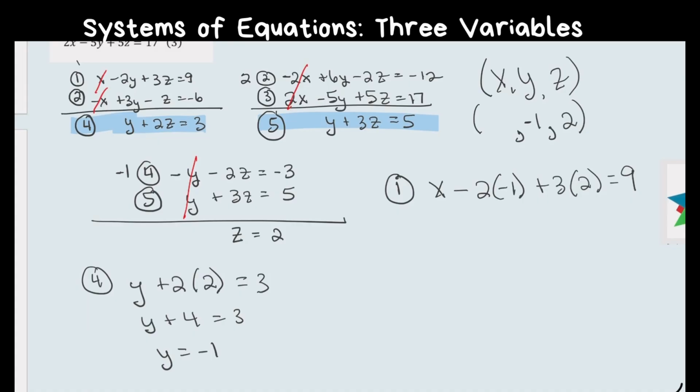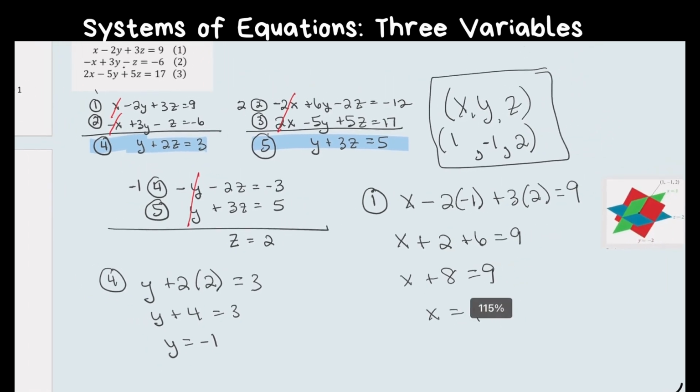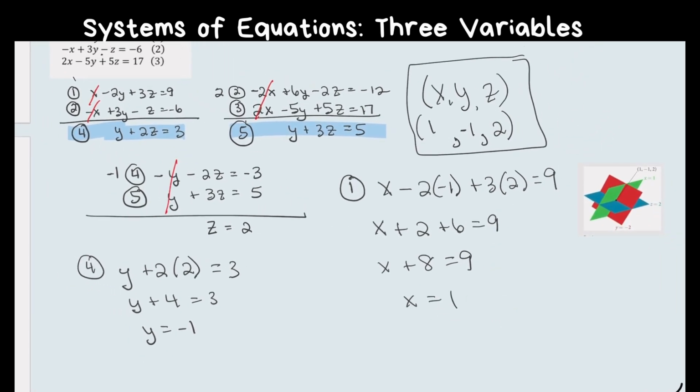Okay, so x plus 2 plus 6 equals 9. X plus 8 equals 9. X is 1. There is the solution to the system. Now, to check it, you would plug it in to each one of these and make sure that they are all equal, like we did for the first example.